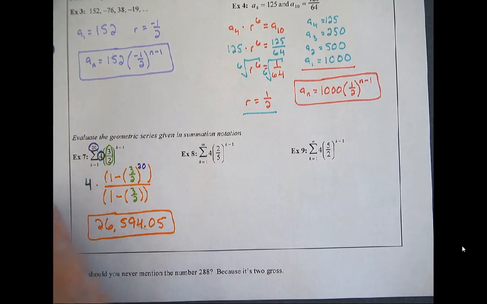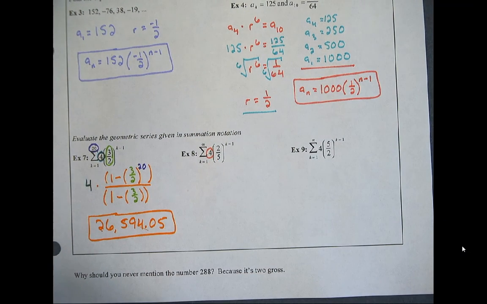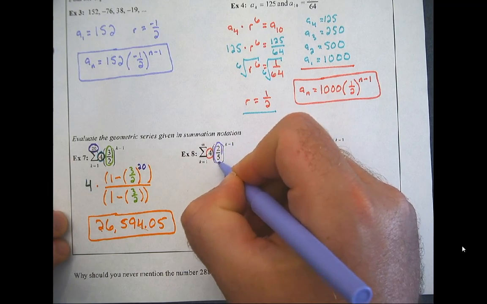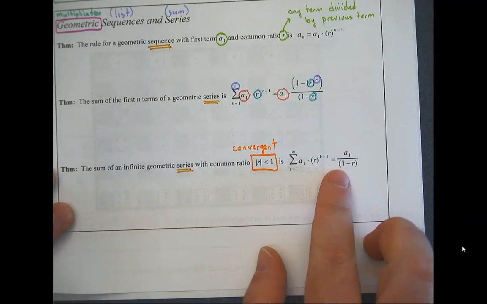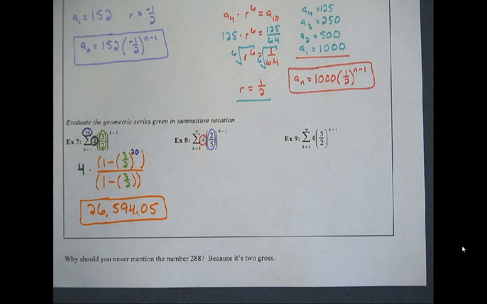So let's do this again where we circle stuff. Okay, this is my a sub 1. This is my r value. And what's nice about the infinite series, it's just a sub 1 over 1 minus r. It's not real complicated.